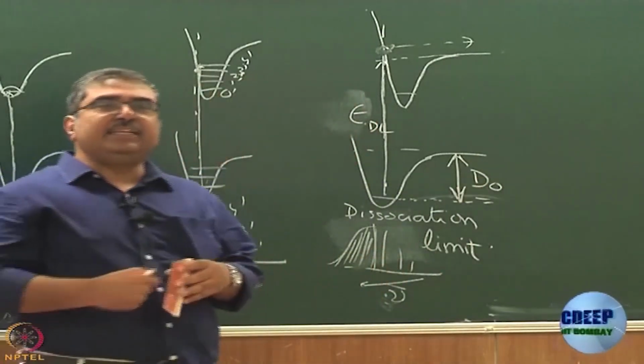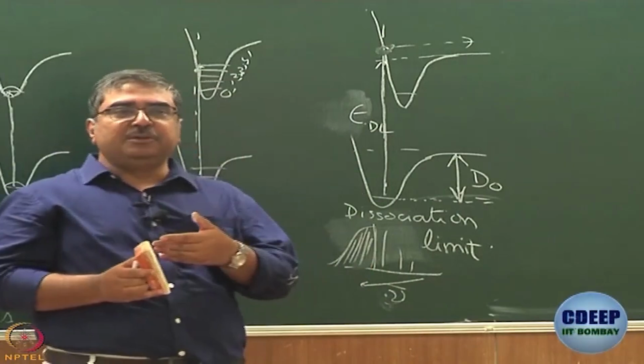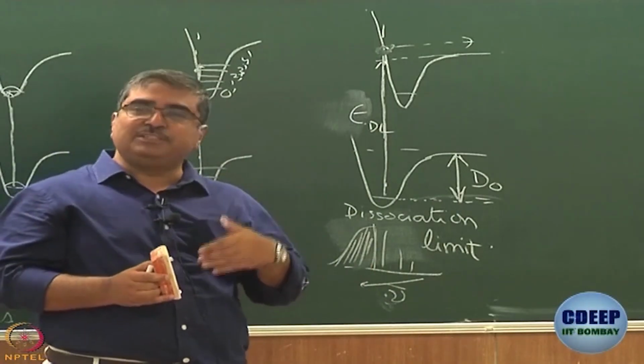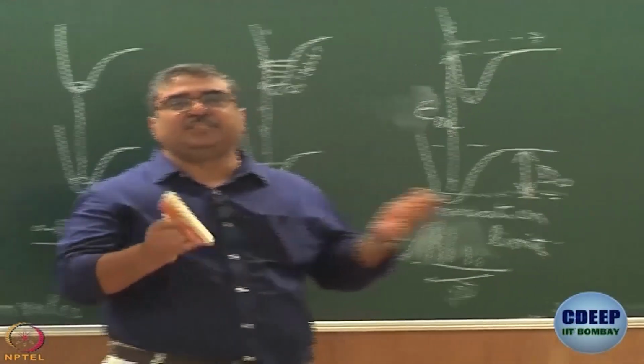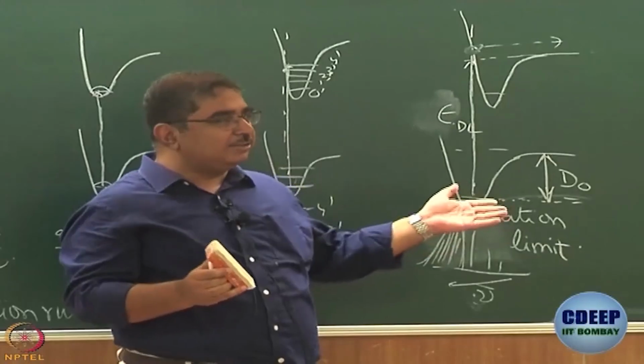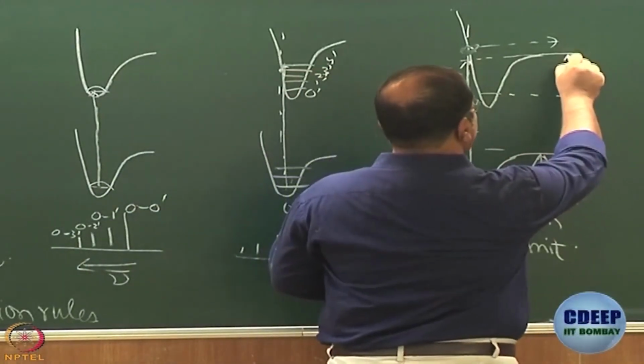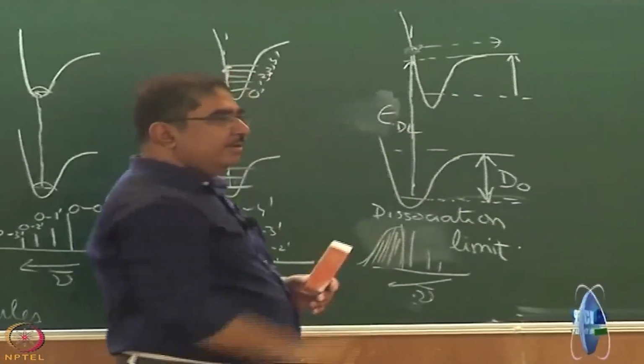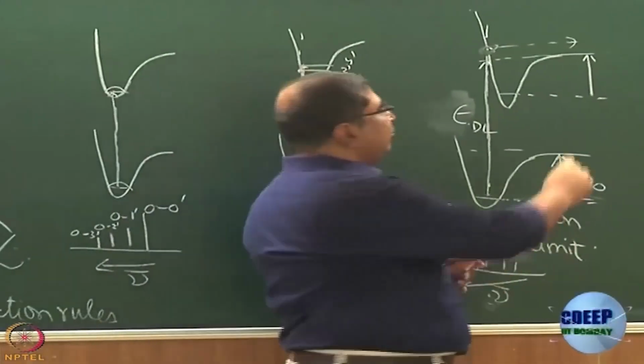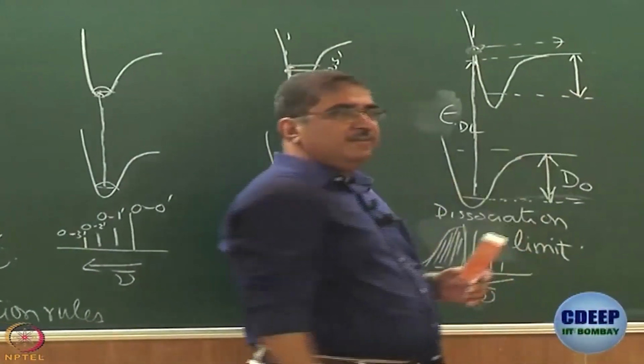That is the energy that you have to provide to take your molecule from V equal to 0 state to such a V state that dissociation occurs, okay, in the ground state. So, what is this then? That is also some kind of d0, right.